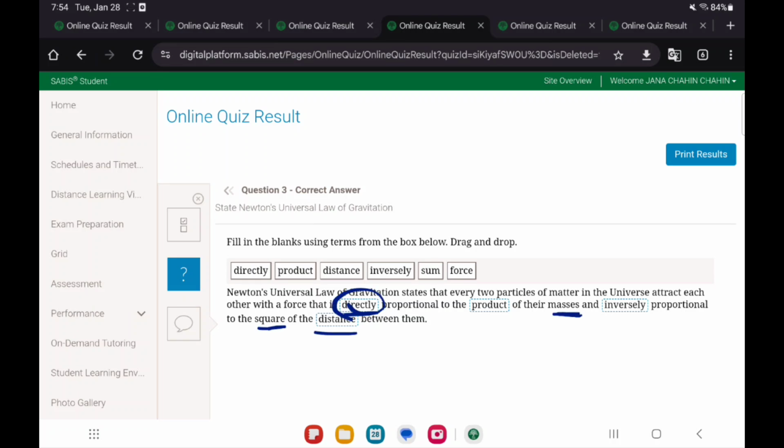They asked what is directly proportional to the product? It's their masses. And what is inversely proportional to the square of the distance between them? So the square of the distance. You have to memorize this exact sentence. There's not really any explaining to do in this one. Just please memorize every single word of this question. And that's 3.16 done.